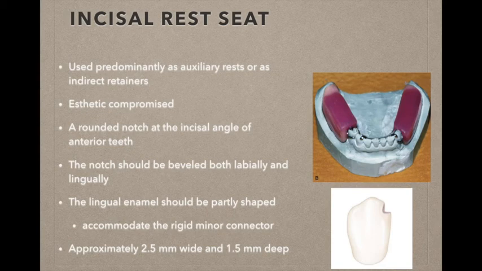The shape should be a rounded notch at the incisal angle of anterior teeth, and when we finish, those notches should be beveled both labially and lingually. The lingual enamel should be polished to accommodate the ridge minor connectors. The dimensions are approximately 2.5 mm width and 1.5 mm depth.